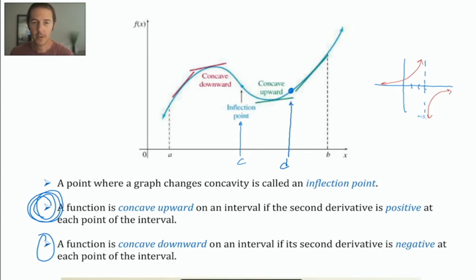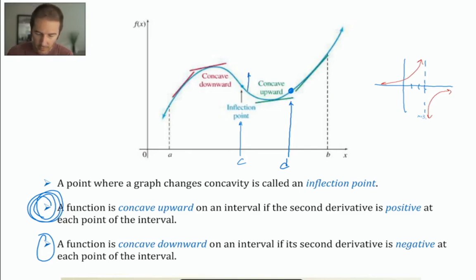I know that it would be a positive number because at that point on my graph, the graph is concave up. It works the other way. If I didn't know what the graph looked like, but I knew that the second derivative was positive, I would know, without even seeing the graph, that the graph at that point would be concave up.